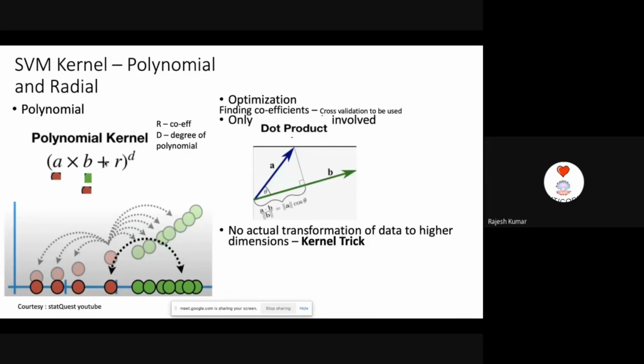All right, so it is again our class 12 maths. It's a dot product. A dot B is equal to AB cos theta, or cos theta is equal to A dot B by mod A mod B. This is what we have studied, and what happens primarily here is a dot product.